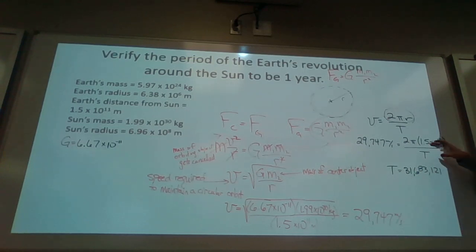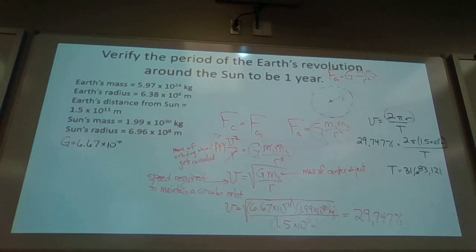My suggestion, anytime you have an unknown in the denominator, get it out of there. Bring it over here, and then you bring the 29,000 over here. So it's 2 pi times 1.5 times 10 to the 11th divided by 29,747.